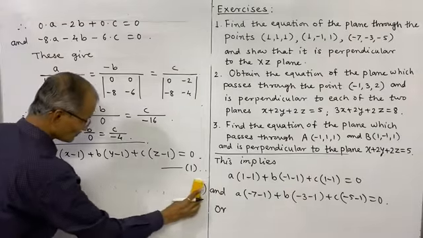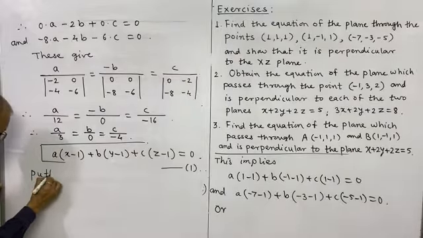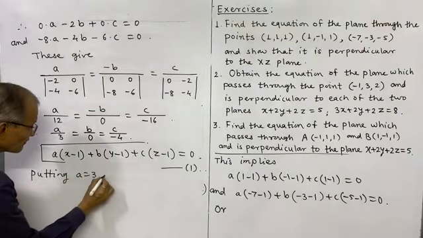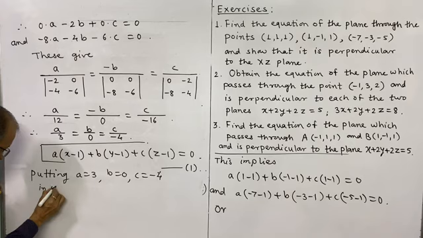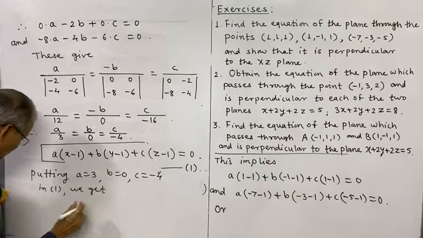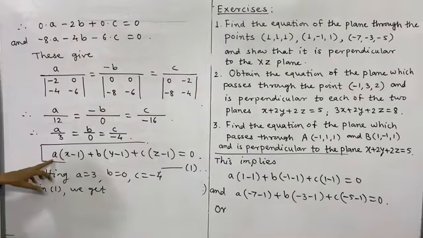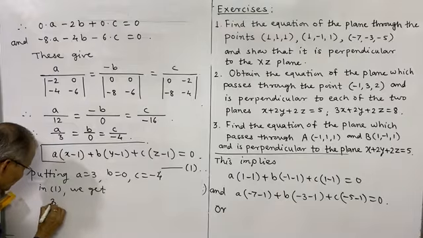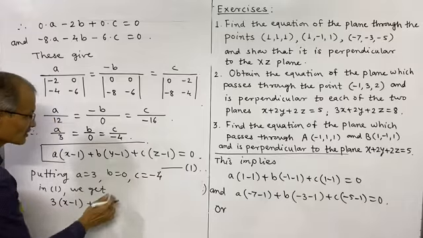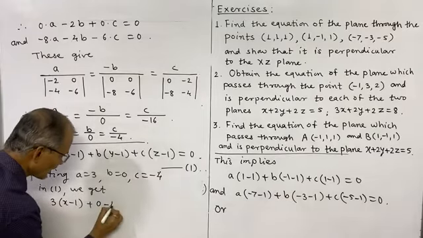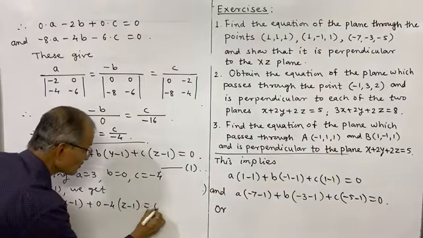So putting a is equal to 3, b is 0 and c is minus 4 in 1, we get, now see what will be the equation. a is 3, so 3 into x minus 1, and b is 0, so this is 0, plus c is minus 4, that is minus 4 into z minus 1, is equal to 0.